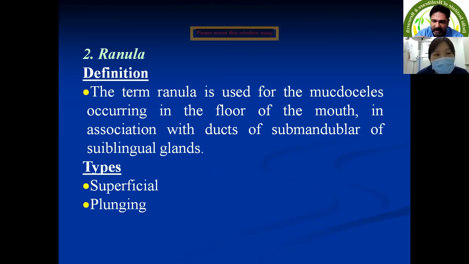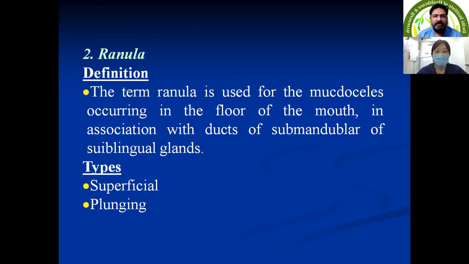Then you can excise it along with the lining, because you will have definite borders. Otherwise, when you are excising the cyst and it ruptures, the membrane will contract and some remnants of the membrane will be left, and they will again form a cyst.